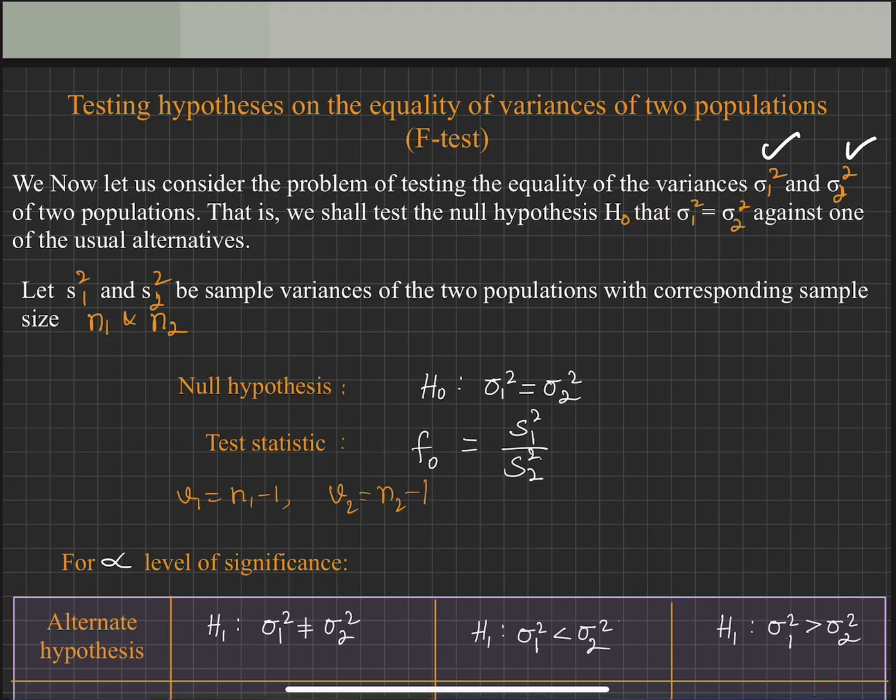Let us take, we are considering samples of size n1 and n2 from the corresponding first and second population with sample variance as s1 square and s2 square.